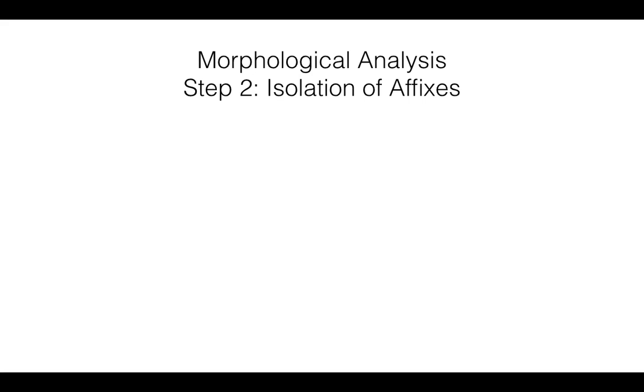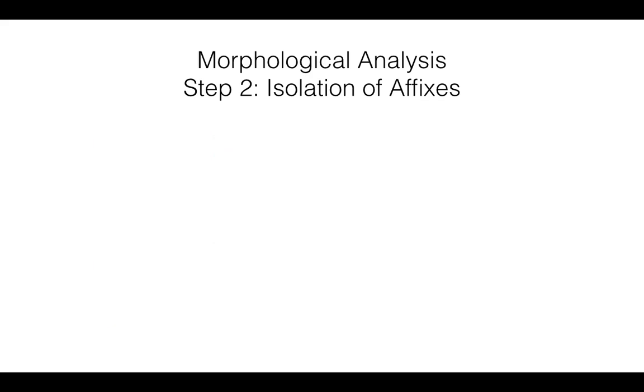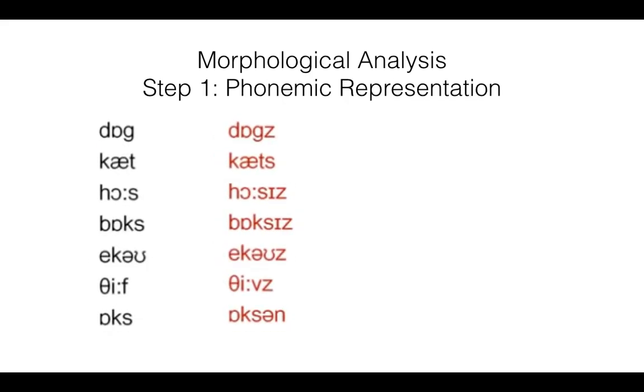Then the next step is what we call isolation of those affixes, and I'm giving the details here. How are we going to do that? Again, our same examples, using phonemic representation. We're not going to isolate the affixes as we saw in the previous slide.